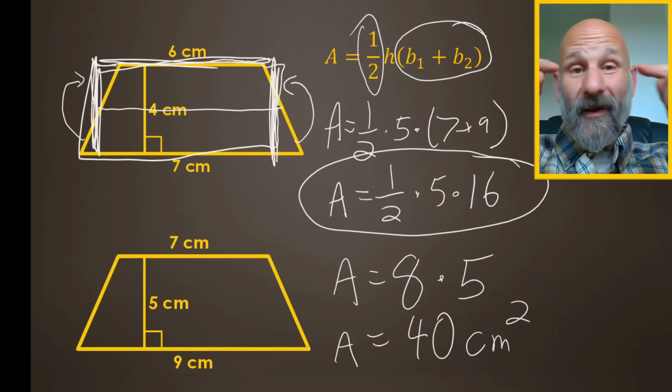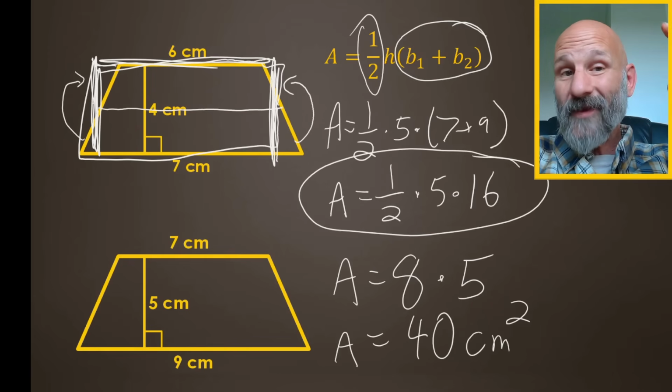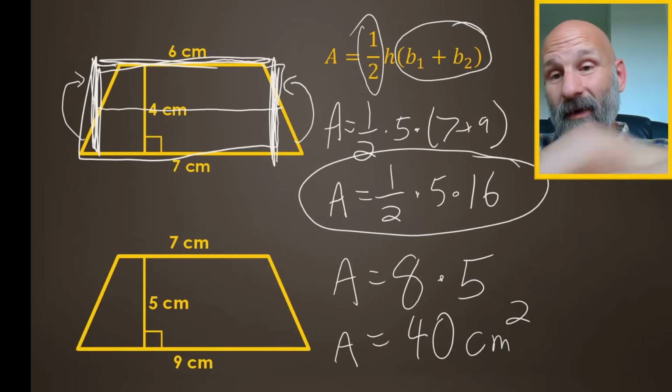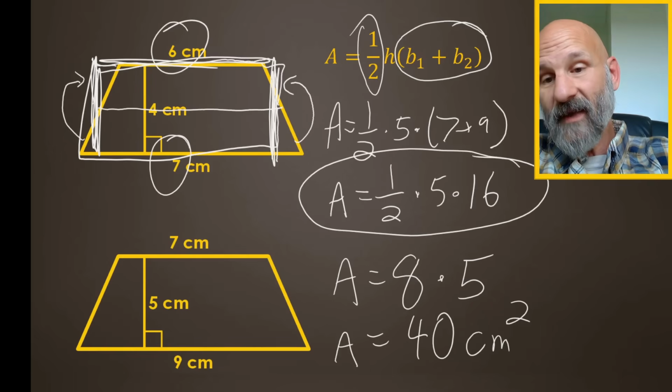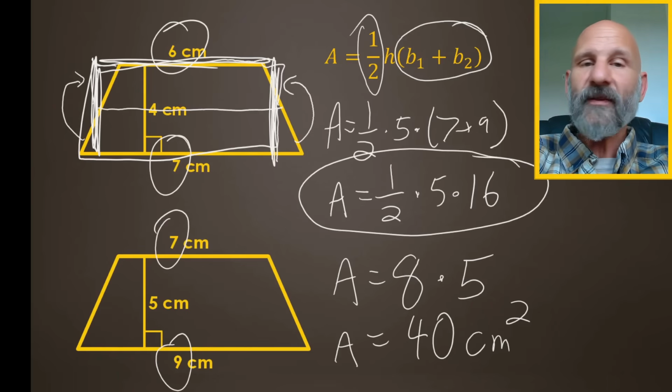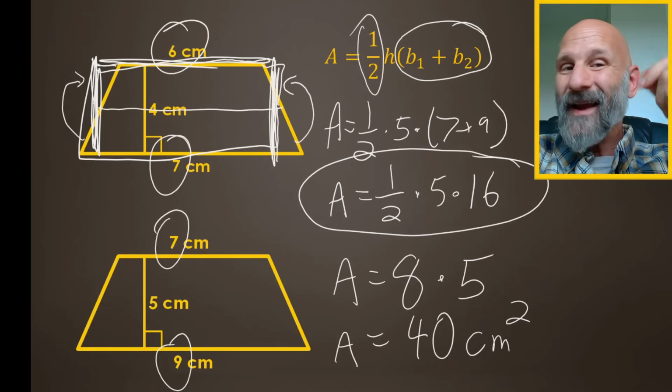And remember, because rectangles are base times height, the base of that rectangle is between the 6 and the 7. On the bottom one, it's between the 7 and the 9. It's their average. Add them up, divide by how many there are. So that's how we came up with this formula here. We didn't write it in the same order that we figured it out in.